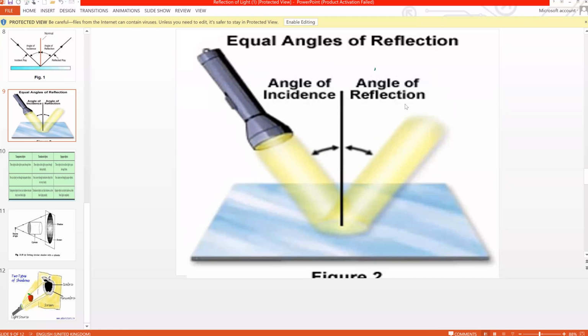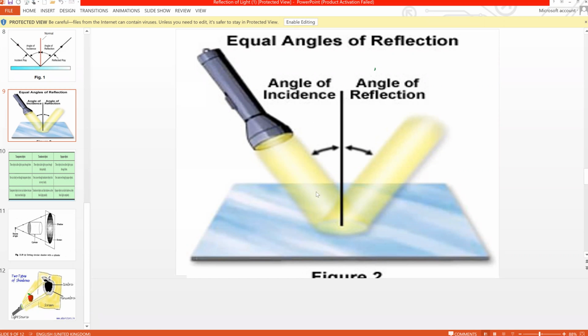And when a ray of light striking a surface gets reflected, this is called the angle of reflection. When the incident rays touch this surface, this is called the angle of incidence, or incidence angle. So you have to understand what is meant by angle of incidence and angle of reflection.